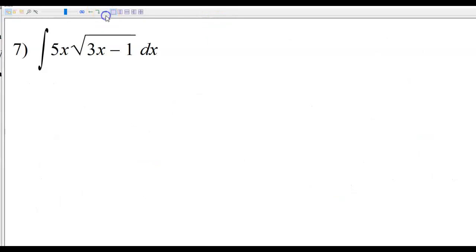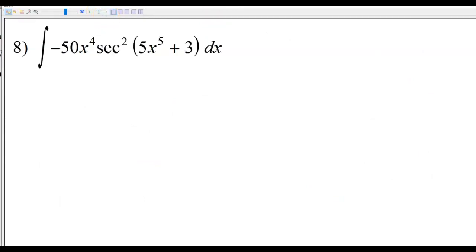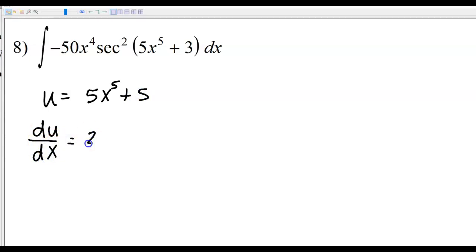Let's continue onwards. All right, got ourselves a trig integral going on here. So, once again, step 1, what's my u? My u is going to be 5x to the 5th plus 5. Step 2, find your derivative. Step 3, get that dx by itself.